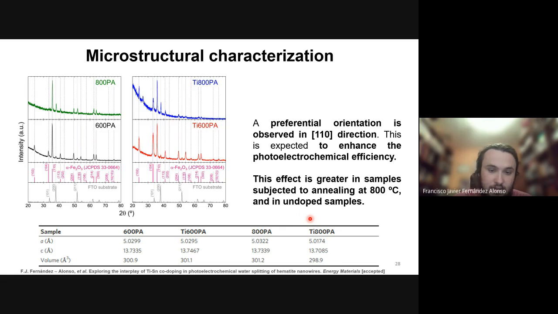This can mean that the titanium may be incorporated into the structure on the surface during the hydrothermal synthesis, and it needs the high temperature annealing step to go towards the bulk. And in this way, we only observe this reduction in the lattice parameter when we apply the high temperature annealing.